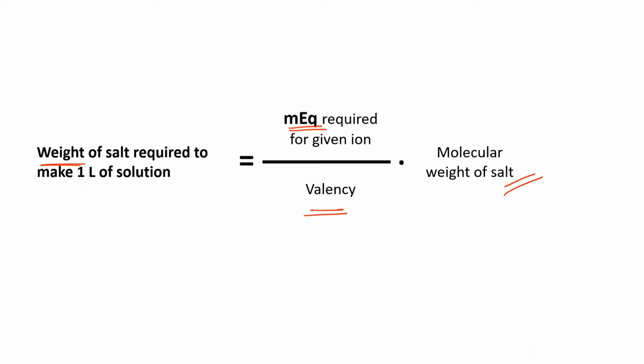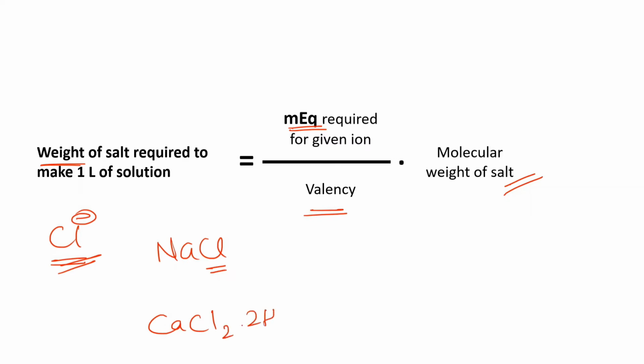Before we proceed, just a simple explanation. For example, I want to make a solution of chloride ions. A solution of chloride ion I can prepare by weighing sodium chloride, because it has chlorine in it. I can prepare this chloride ion solution by using calcium chloride also.